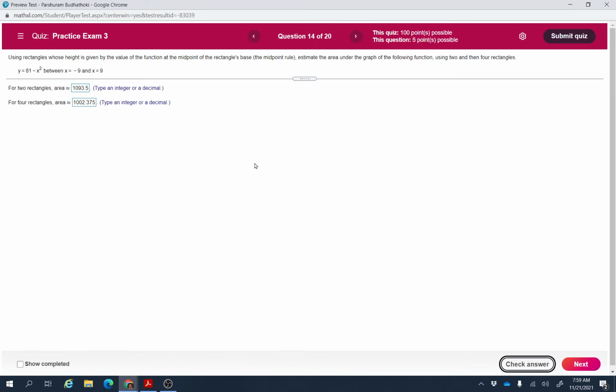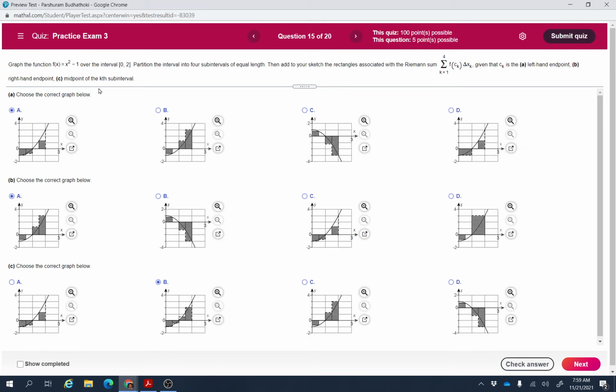And that's perfect. This very similar kind of problem you need to do in the next problem here. Here is the function x squared minus 1, and you want to partition this function using the left endpoint, right endpoint, and midpoint.